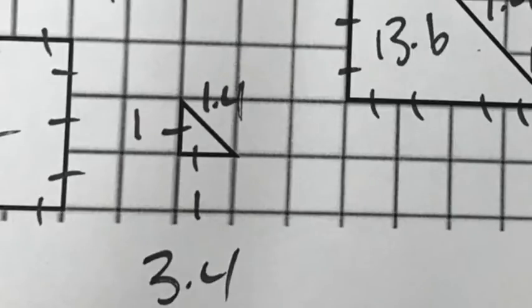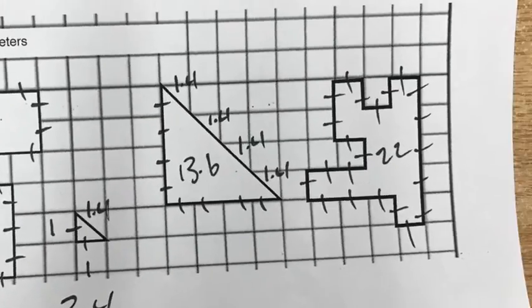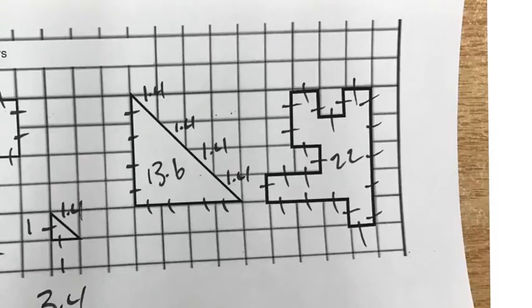It's actually 1.4, just so you know that. And therefore, this shape has a perimeter of 1, 1, and 1.4, which is 3.4. Just keep that in mind for some triangles. Again, for this irregular shape, you just count off the ticks to figure out what the perimeter would be.